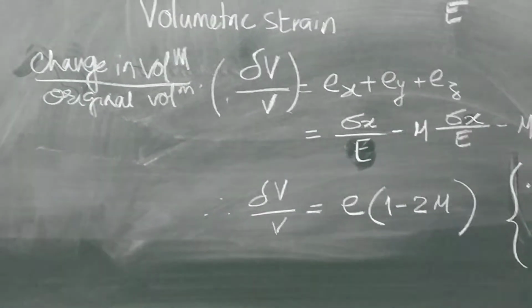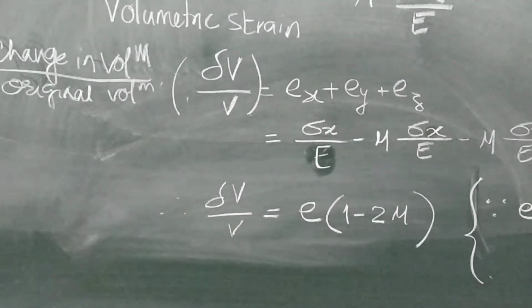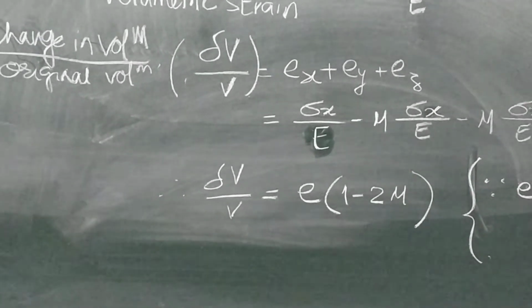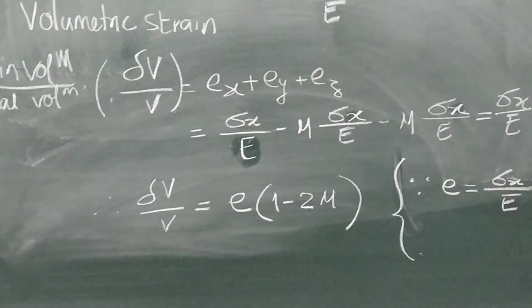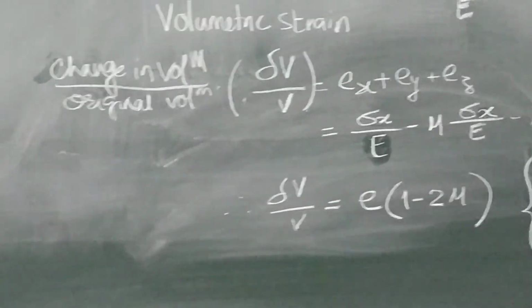Therefore, delta V upon V is equal to strain into bracket 1 minus 2 mu.